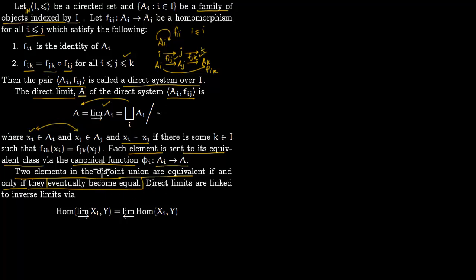We will give an example pretty soon which will make this clear. Direct limits are linked to inverse limits via this map. You take Hom, you take the direct limit here, and when you take this out, it becomes an inverse limit. This is just remembering the fact that the Hom functor is contravariant.